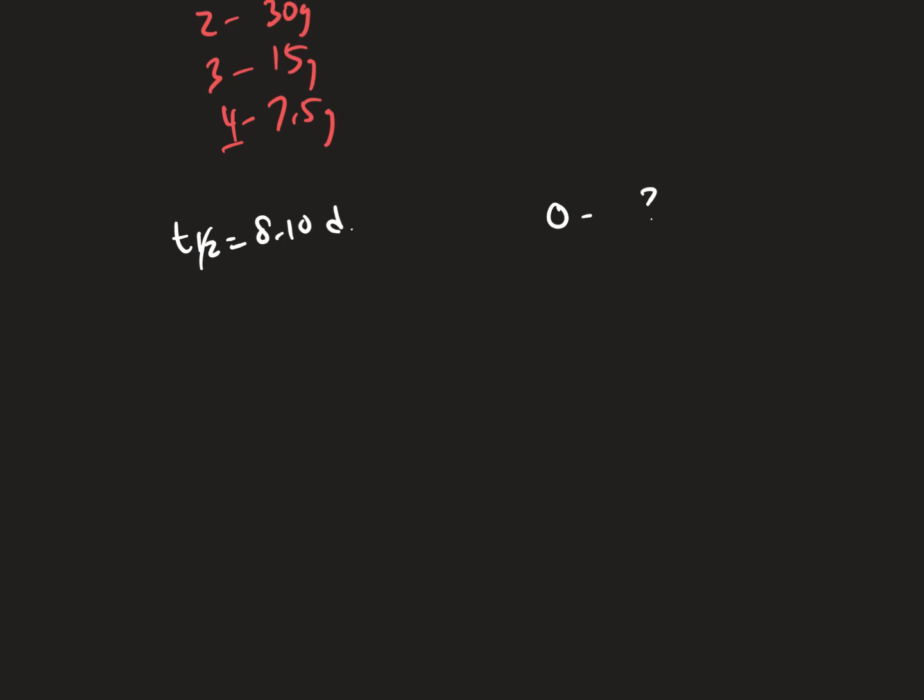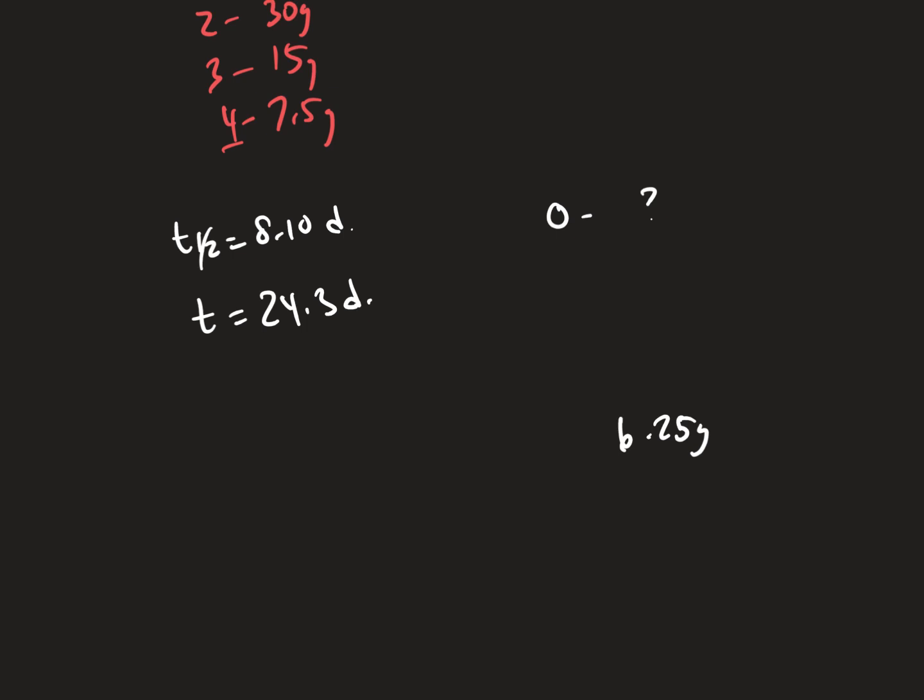If we have 6.25 grams left after a time of 24.3 days. So what's our first step? Find out how many half-lives. Because we have both times, so 24.3 divided by 8.10 is 3 half-lives, right?